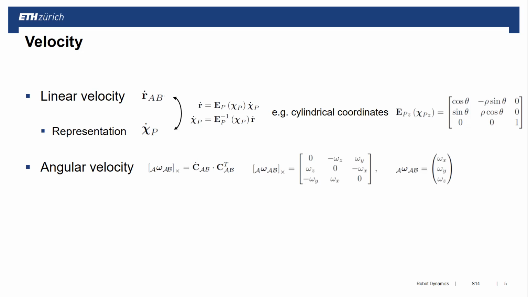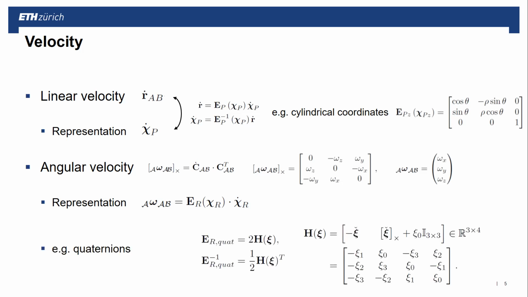So once I have the rotation matrix, I can infer what is my omega of that through this. Then we looked into the relationship between angular velocities and time differentiations of representations, and again came up with these transformation matrices in between, these E matrices. In the example of quaternions, that looks like this, and we derived it also for the other representations.